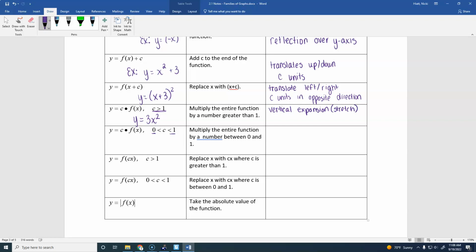That is a vertical compression. The word that I see most often is compression, but some textbooks do use the word shrink. So we want to know both of those in case either one of them get thrown out there.